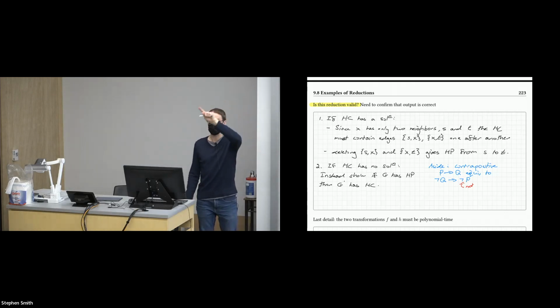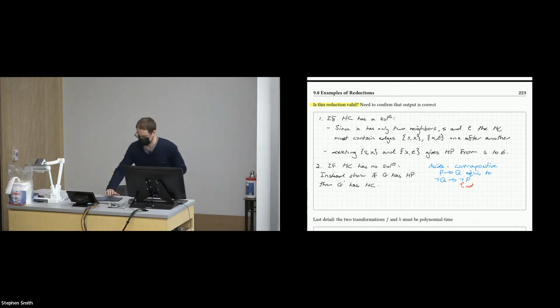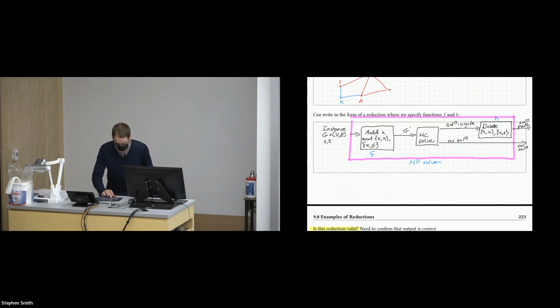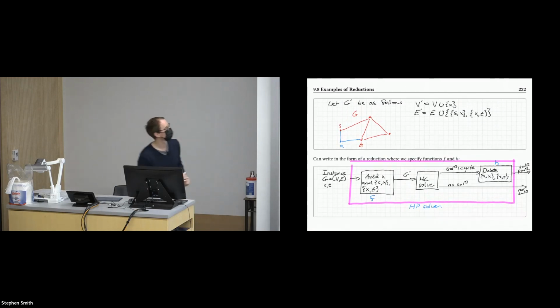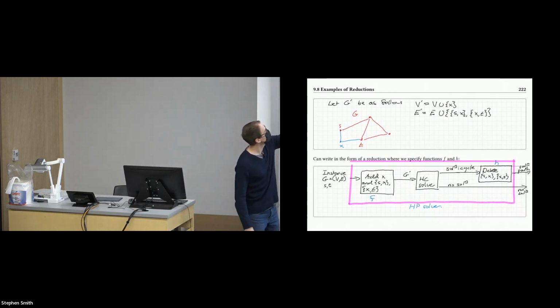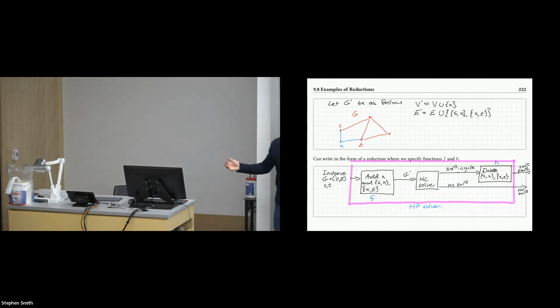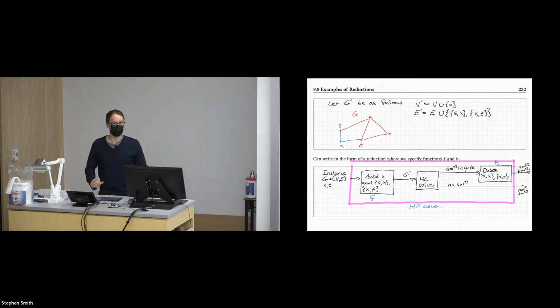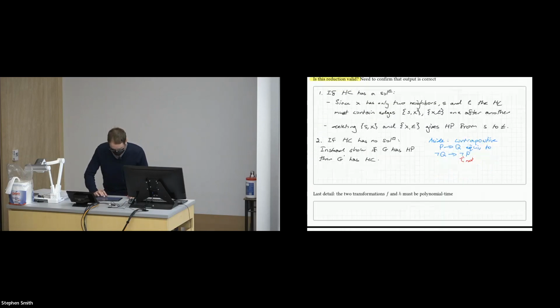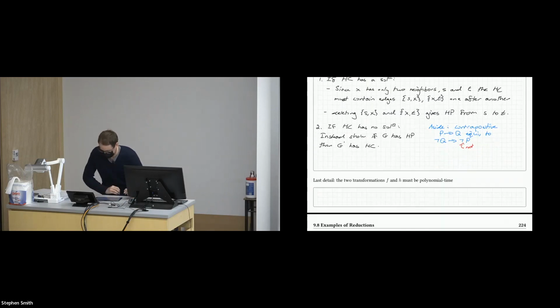If I had a Hamiltonian path from S to T, just add in those extra two edges, S to X and X to T, and that then makes a cycle. Like just going back up to my picture, this one here. If I already had a path from S to T, then I can just close the cycle by adding in the two blue edges. And now I've got a Hamiltonian cycle in my graph that includes the new vertex X.